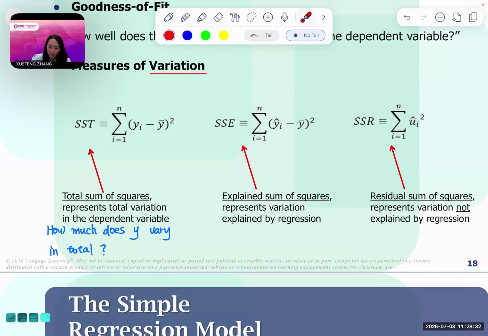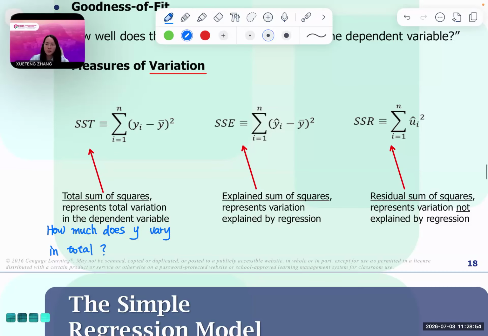So you can see from the formula, the true Y minus the average Y. This means how much does Y vary in total. Next one, SSE, explained sum of squares, represents variation explained by the regression.